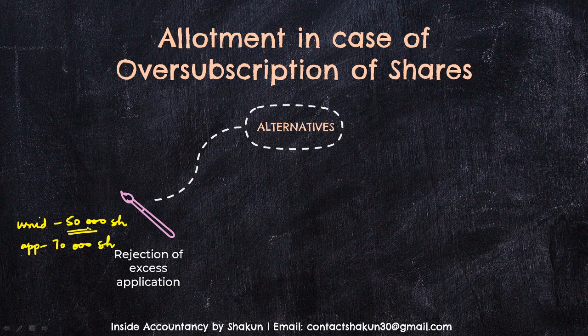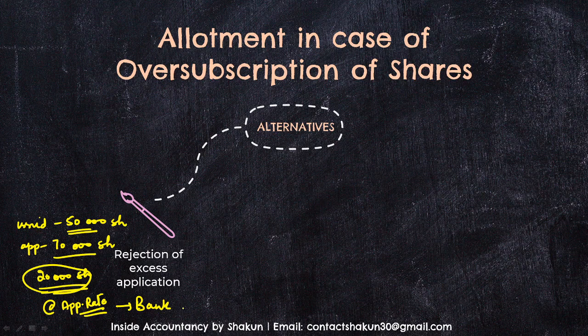Applications for 20,000 shares are not accepted and their money is refunded. So on these 20,000 shares, whatever money you have received at the application rate will be refunded to the subscribers through bank. So that's the first alternative.